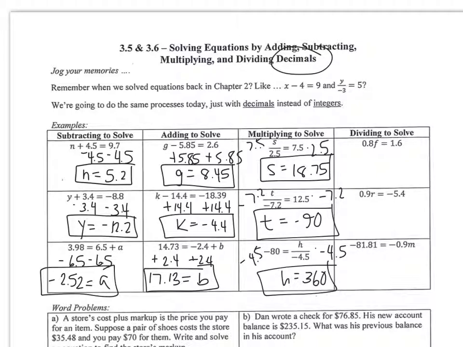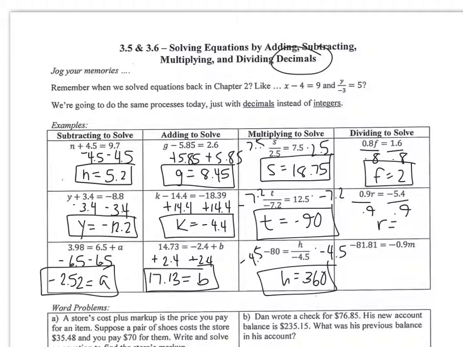In the last part, remember to divide. These numbers are close together, so you're going to divide. They're multiplied, so you need to divide to solve. So 1.6 divided by 0.8 is 2. Then 5.4 divided by 0.9.